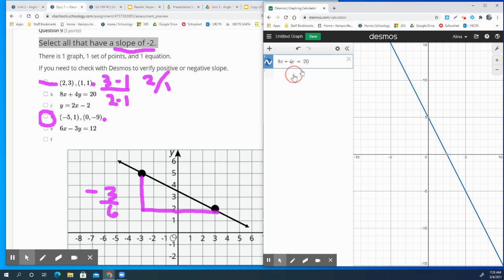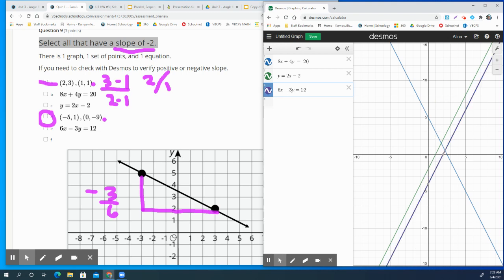Maybe we're not sure. So we can do y equals 2x minus 2. I'm just putting in that second equation. And then I can put in the third equation, 6x minus 3y equals 12. If you put in these three equations, you're going to see that two of them have a positive slope and one of them has a negative slope.